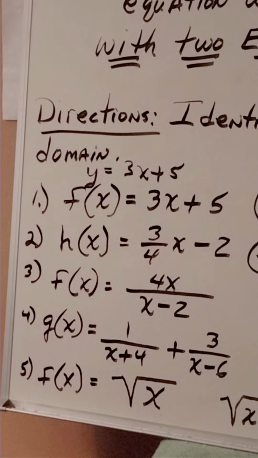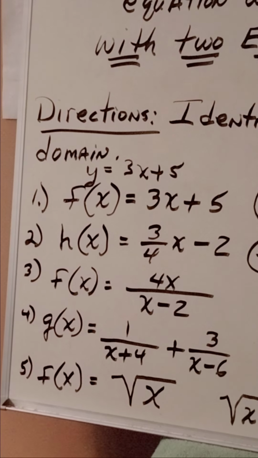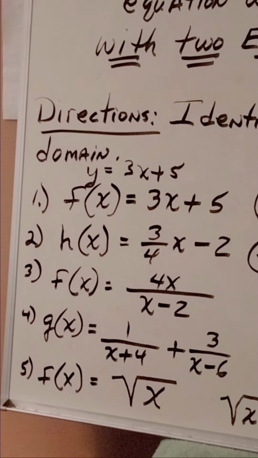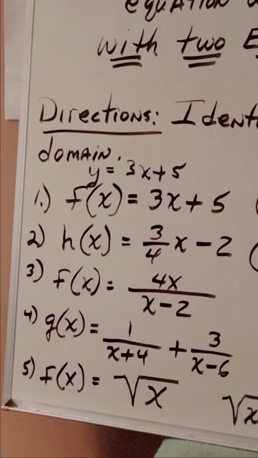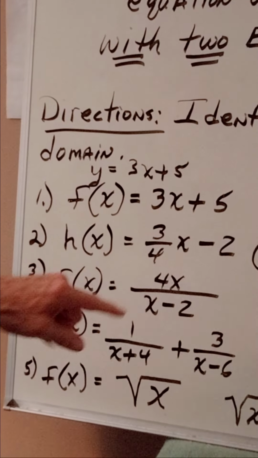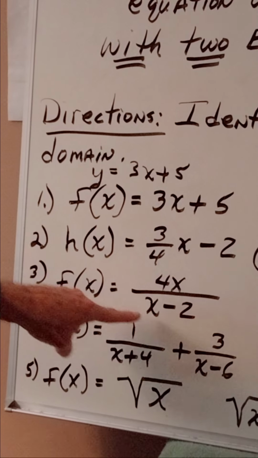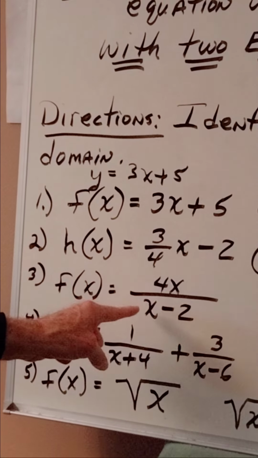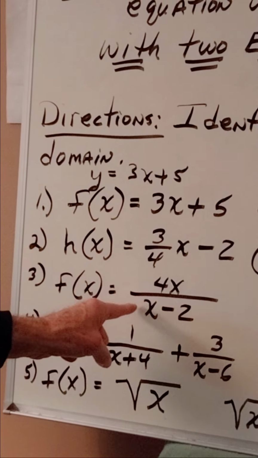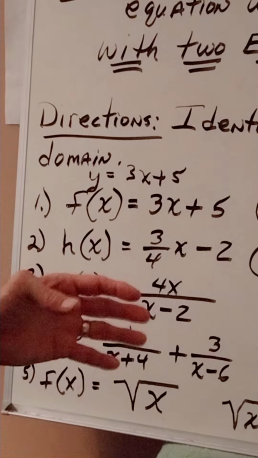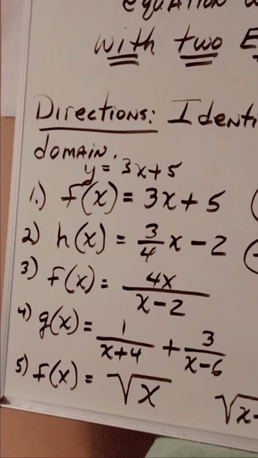And when that happens, that signifies that the domain of this equation will not be the entire set of real numbers, because what we're going to have to do is reject any value of x that will make this denominator a 0. That would make this fraction undefined.